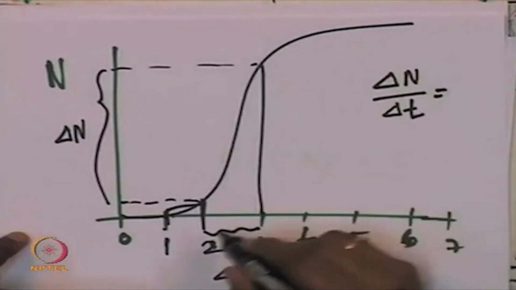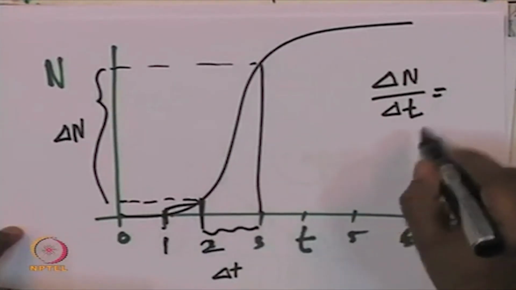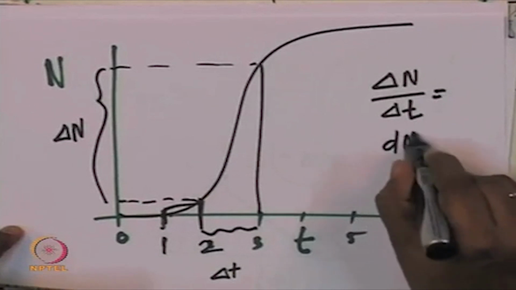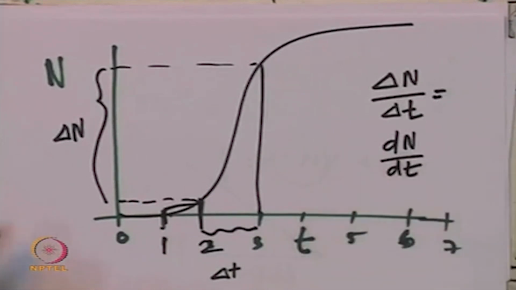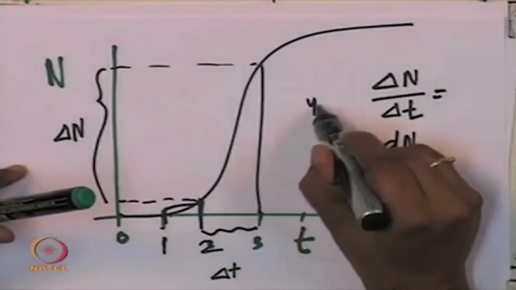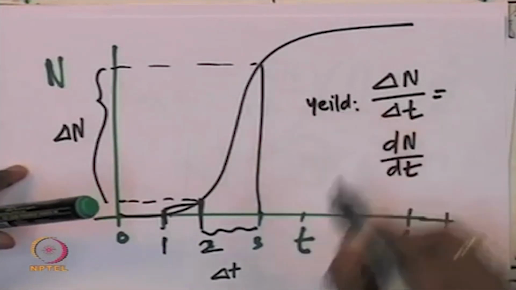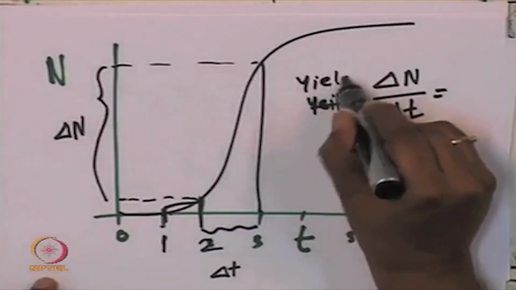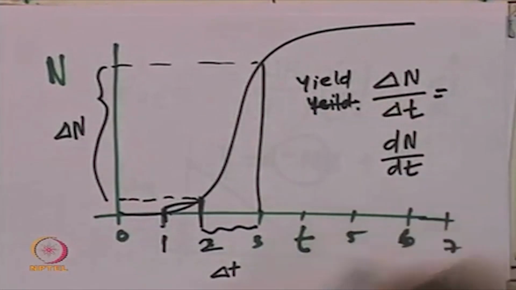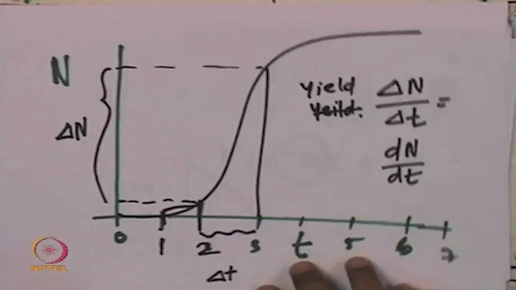In other words, when the delta t is very small, I can call it dn by dt, the yield. So, this is the dn by dt. So, the slope or the derivative gives you the yield.